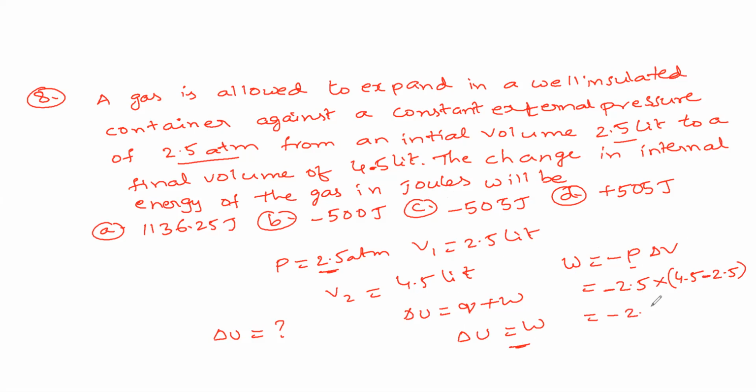So minus 2.5 into 2 is equal to minus 5 liter atmosphere.